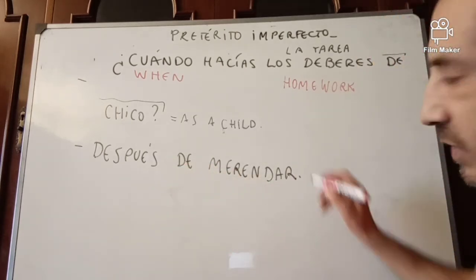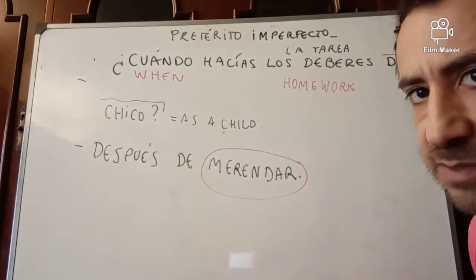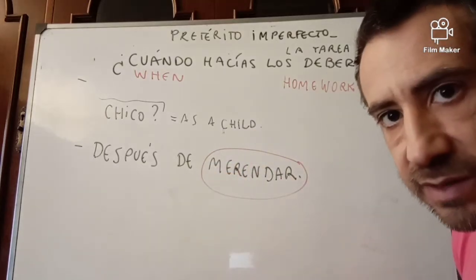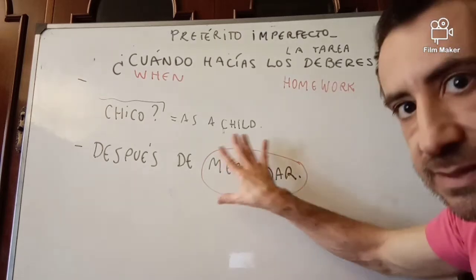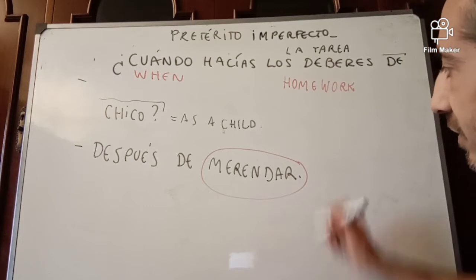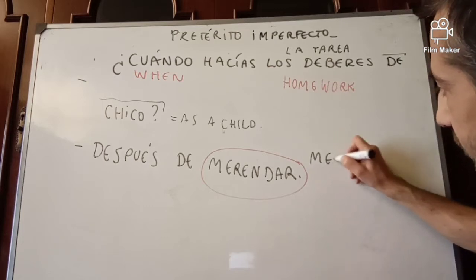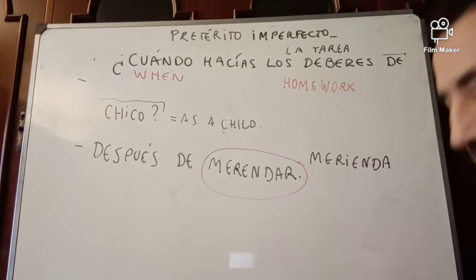And here we have a verb that you don't have in Spanish, because in English, sorry, because you don't have this at all. The noun is merienda, and it's a meal.